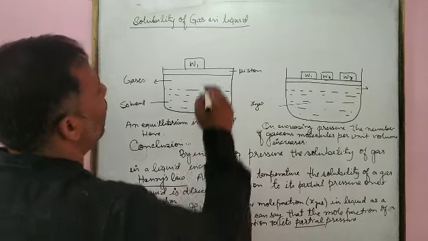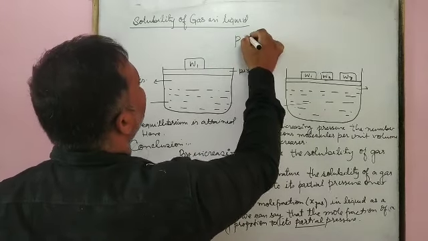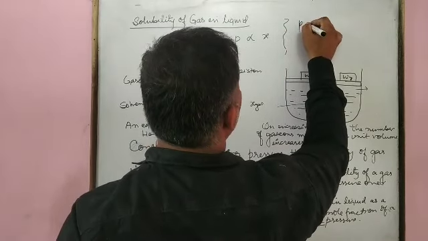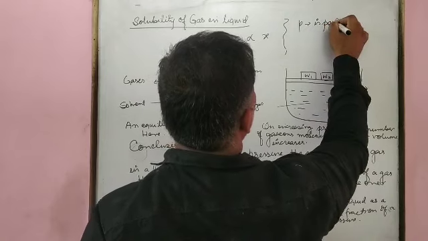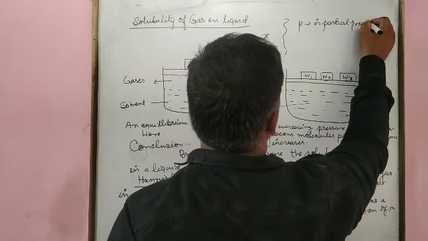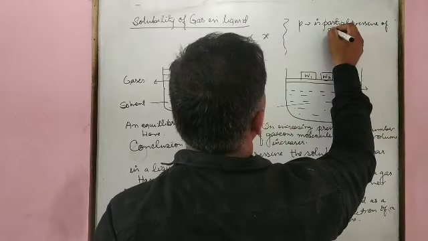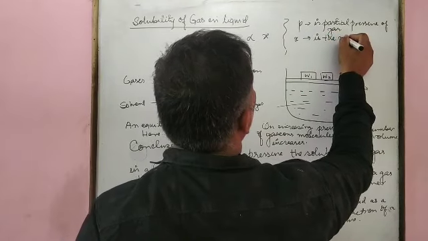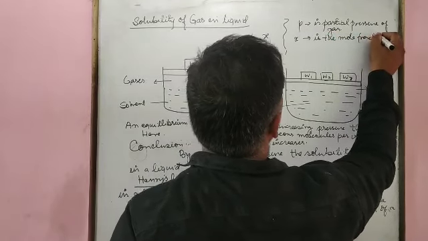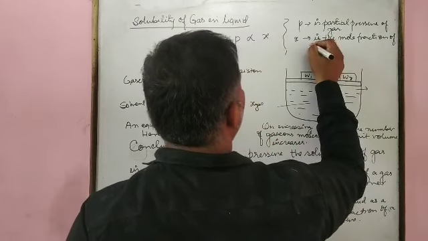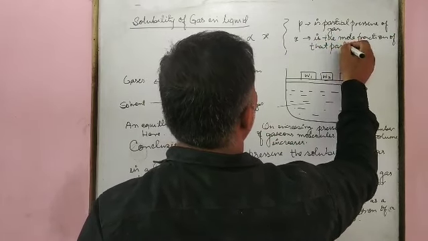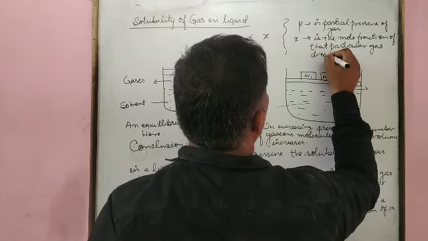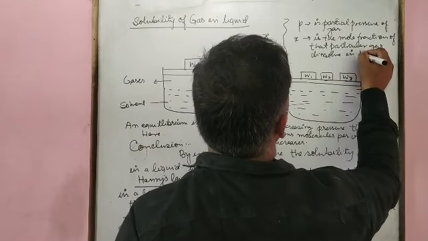This can be expressed as P is directly proportional to X, where P is the partial pressure of the gas and X is the mole fraction of that particular gas dissolved in the solvent.